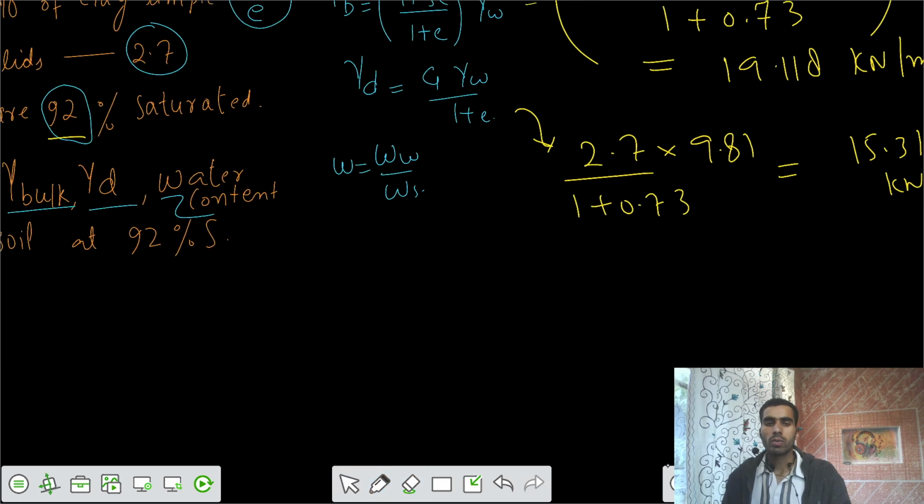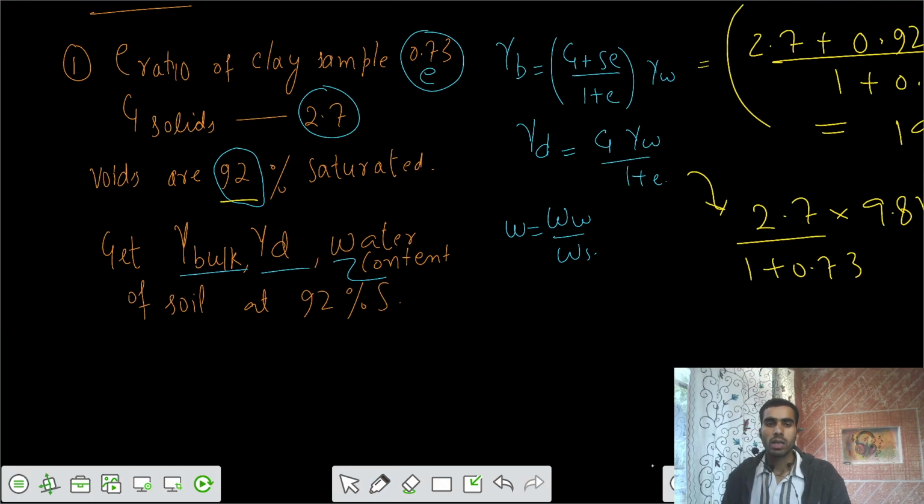What is the equation for water content? How can you get the water content? Here the weight of water is not given, and the weight of the solid is also not given.